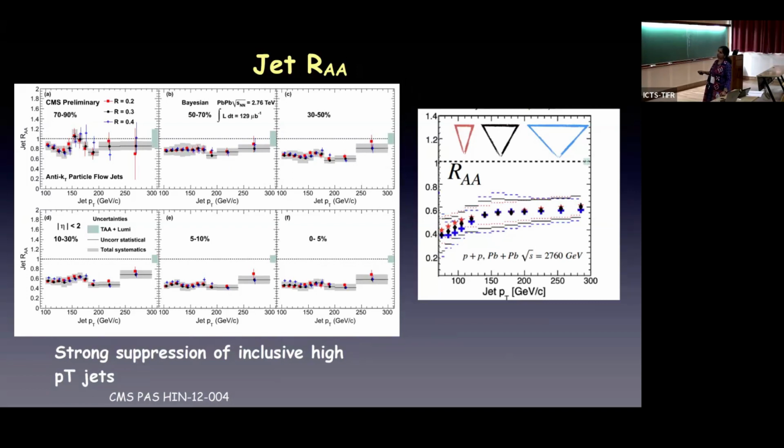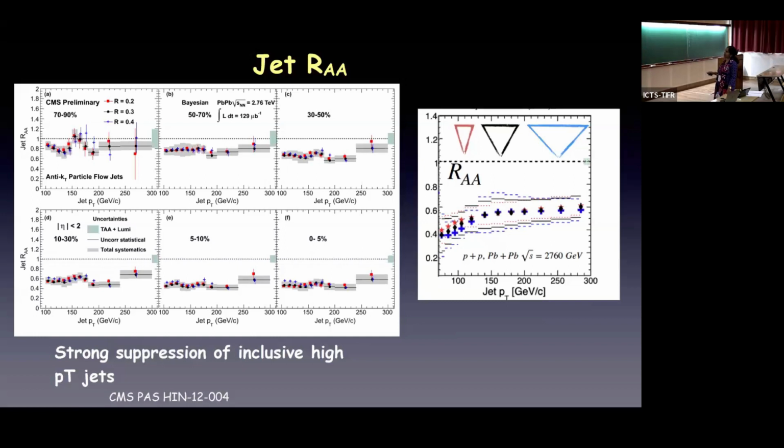So this is now with jets, and here there's a dependence on the jet cone radius. This is a jet constructed with a small radius, and then we have three selections of radii, and you compare them to see whether the energy loss has anything to do with your choice of jet radius.